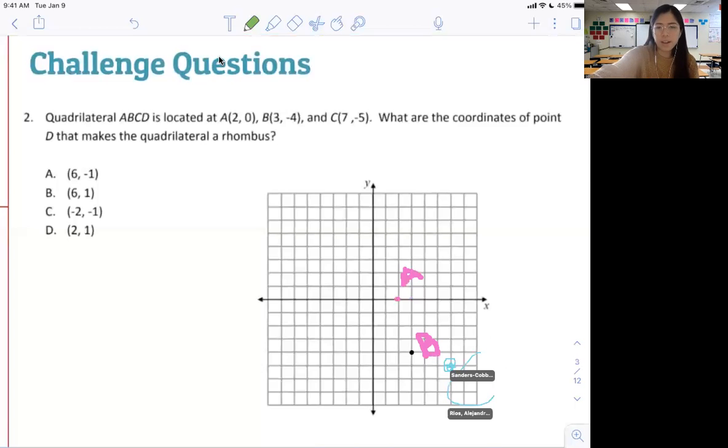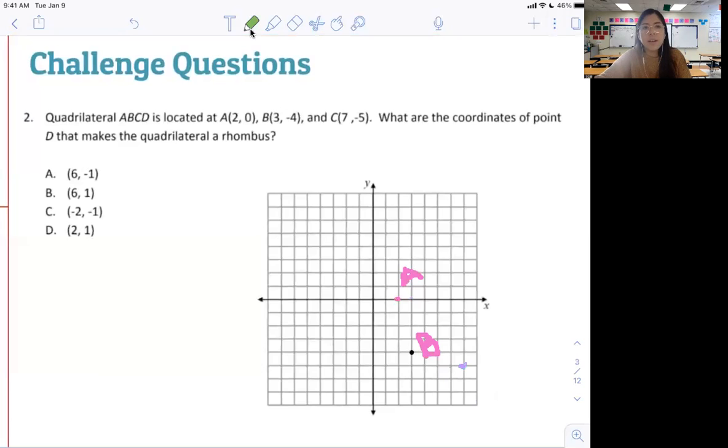Count carefully, Alejandro. I think you went to 6, -5. It's 1 more over. There we go. Good. Okay, awesome. So there's our 3 points, A, B, and C, and we want this to be a rhombus.